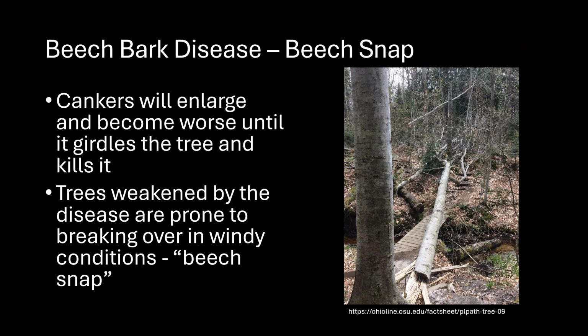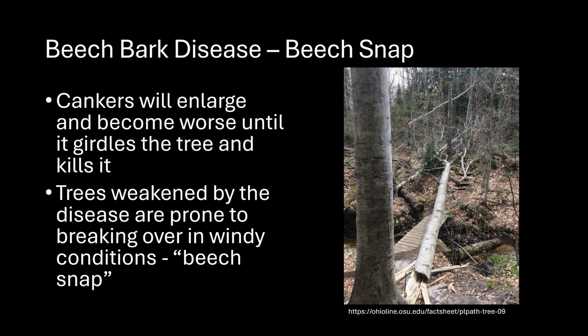And what happens is those cankers, those wounds, they're going to continue to enlarge, and they're going to become worse and worse and worse until they're pretty much girdling around the trunk of the tree. And when a tree gets girdled, that is going to be what kills it, unfortunately. And that's probably going to end up being the final part of this disease.